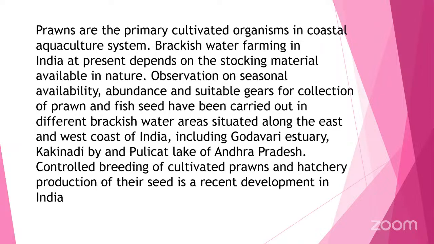Prawns are the primary cultivated organisms in coastal aquaculture systems. Brackish water farming in India at present depends on the stocking material available in nature.